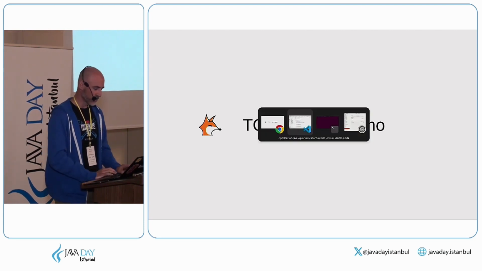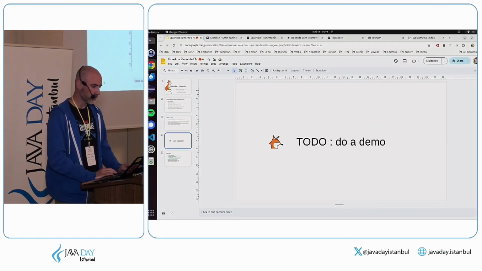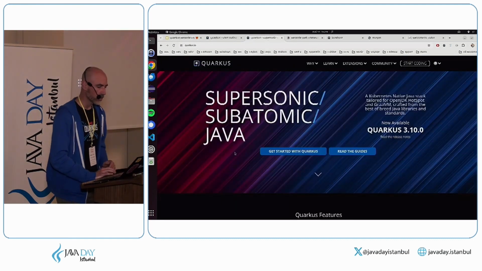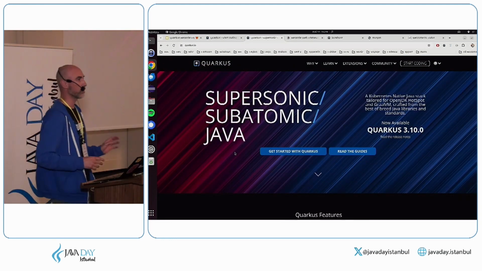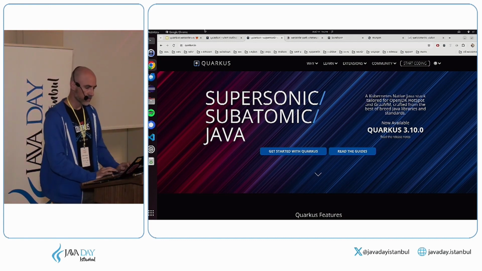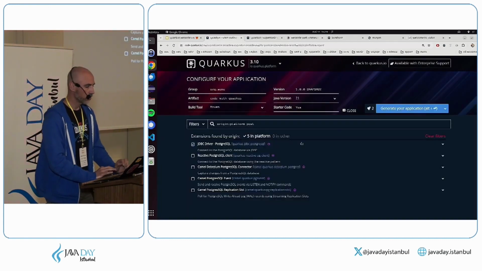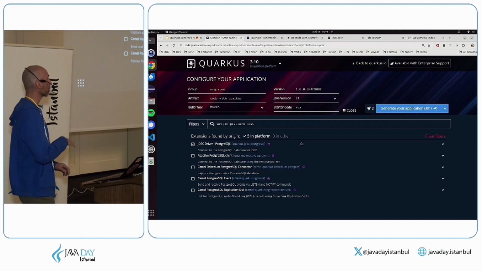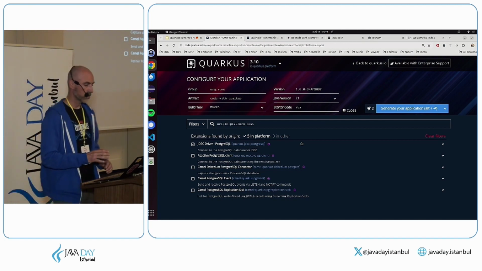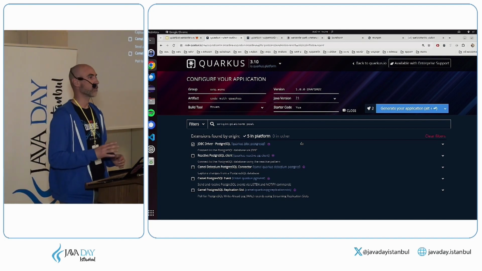So let's go. Normally the first thing you do when you write a Quarkus application, you go on the Quarkus website, you learn all about Quarkus, and then you click Start Coding, and it gets you onto code.quarkus.io, which is a great way to get started and generate your first application.